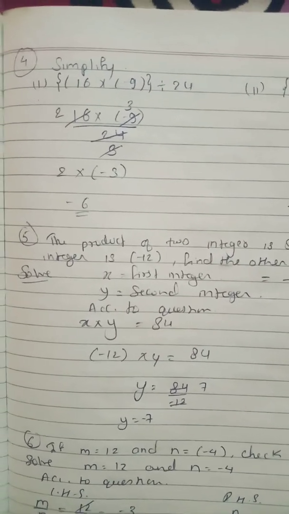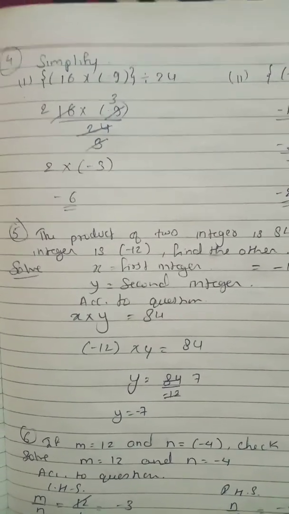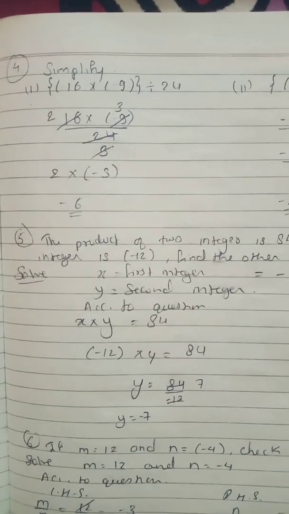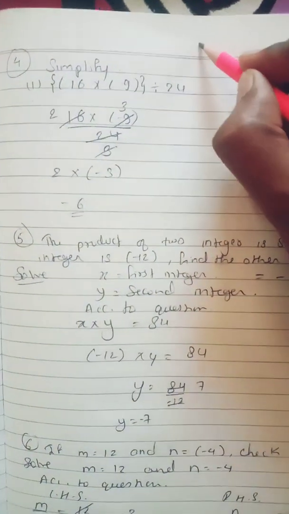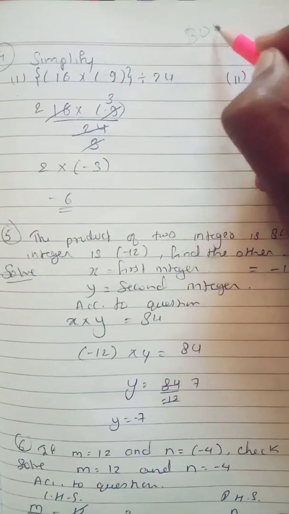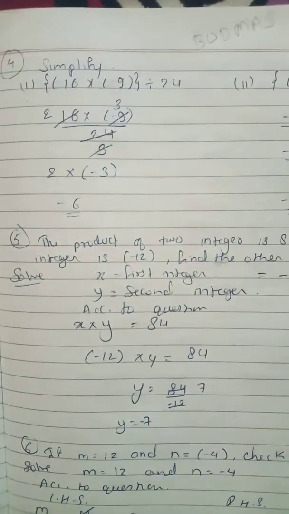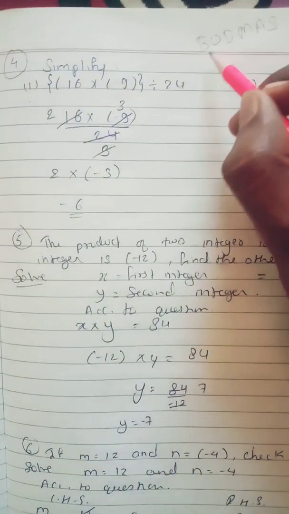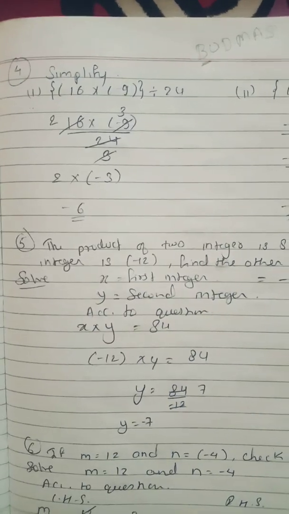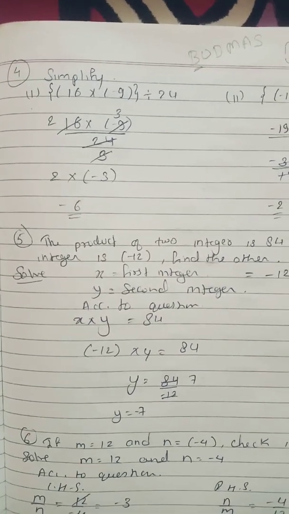In that type of question you have to use BODMAS. What is BODMAS? BODMAS is bracket, of, division, multiplication, addition and subtraction. First you have to solve the bracket. After that you solve the rest of the question.